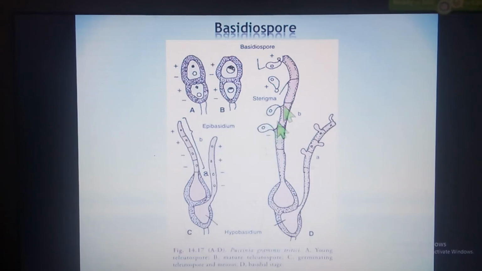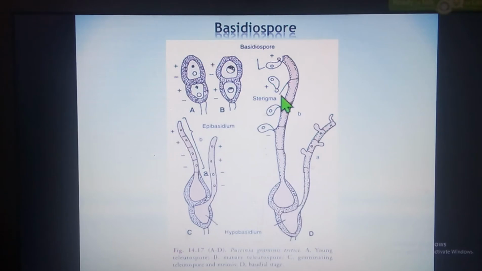Okay, so how do they get discharged? It is by an explosive mechanism. By explosive mechanism, the basidiospores are discharged from the basidium and disseminated by air current, by the wind.